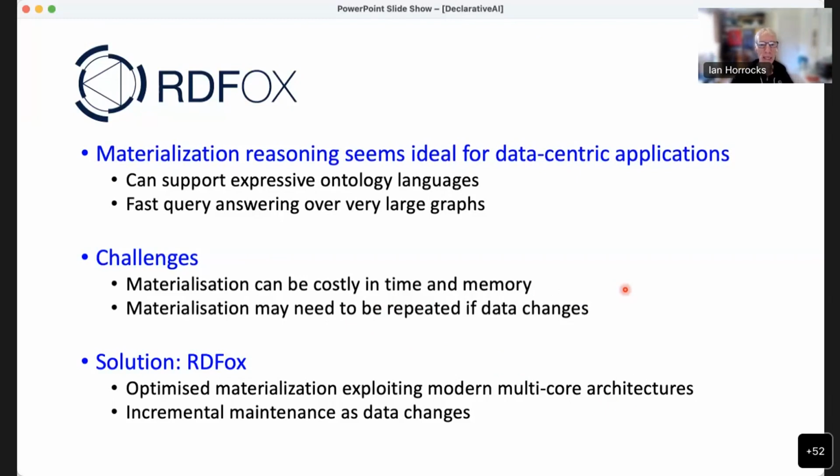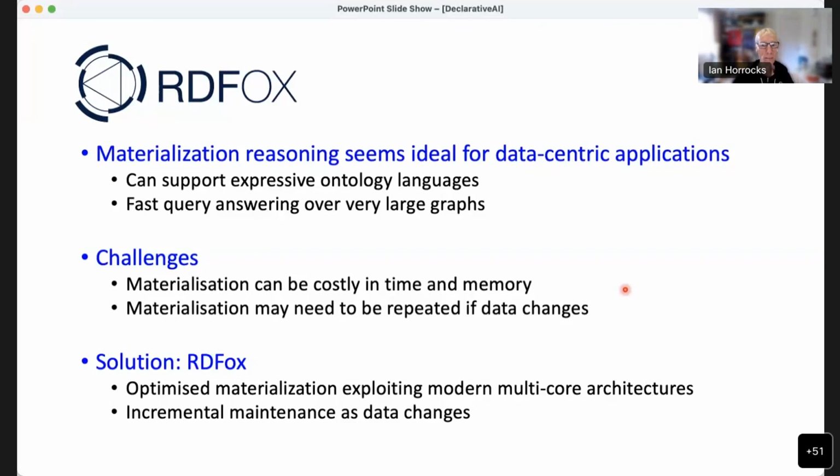So these ideas, the fact that RL seemed to be quite a promising language for these data-centric applications, but also that there were some challenges there, motivated us to do some research into materialization-based query answering systems for OWL, and in particular to develop our RDFox system.